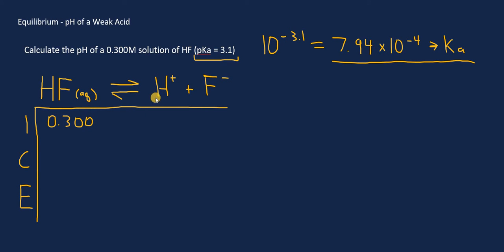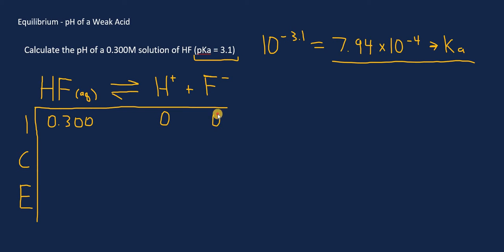And you're initially going to start with 0 products. Now some professors will have you take the concentration of H plus in water as your initial H plus. However, the amount is so small that it really doesn't matter at the end. So you can just say that this is 0.